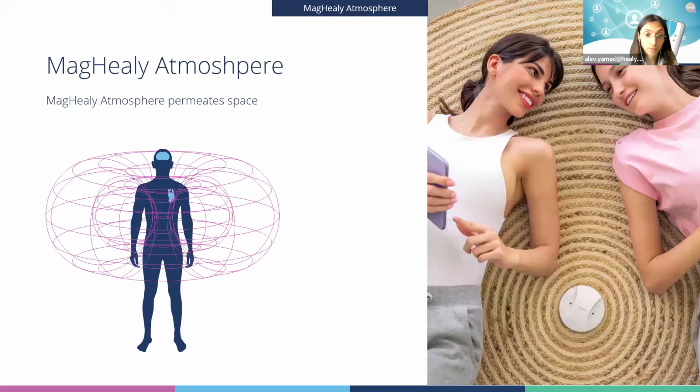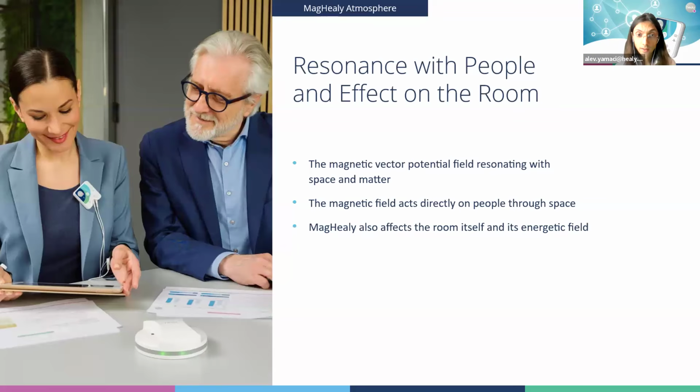Then we go to the atmosphere programs. Maybe interesting is that a magnetic vector potential field is resonating with space and matter. So what does that mean? At the end of the day, a magnetic field of course also penetrates the air. And if you have your air and all the energies that are in the air, you can of course also optimize and harmonize this room field that you have.